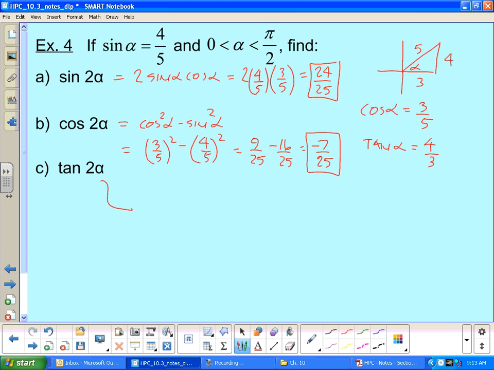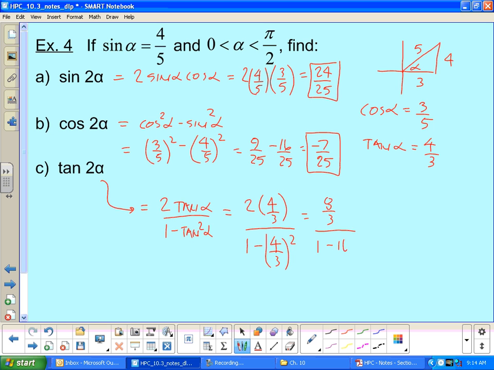And then lastly, our tangent. Our tangent simplifies into 2 tan alpha over 1 minus tan squared alpha. So 2 times 4/3 over 1 minus 4/3 squared gives me 8/3 over 1 minus 16/9, and we'll have to make a common denominator there.